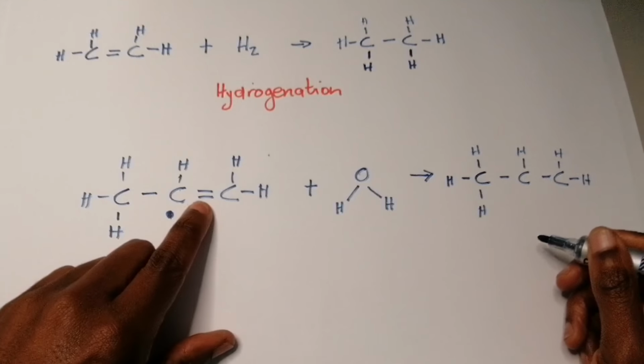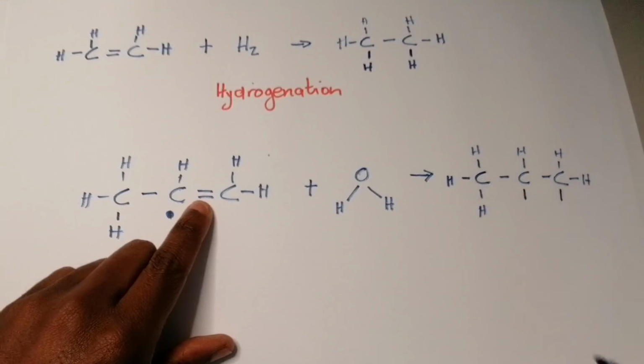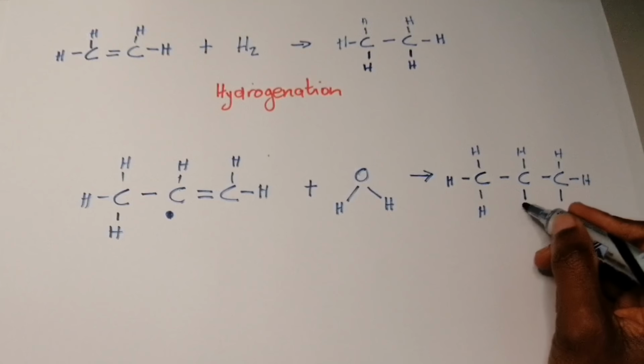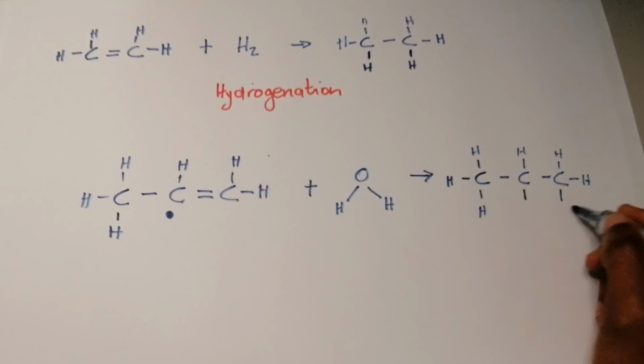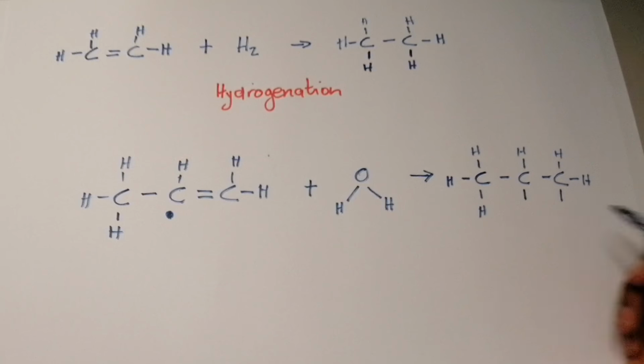That double bond breaks, and now you've got those two spaces available. Am I going to put OH here and H there, or is it going to be the other way around, H and OH?